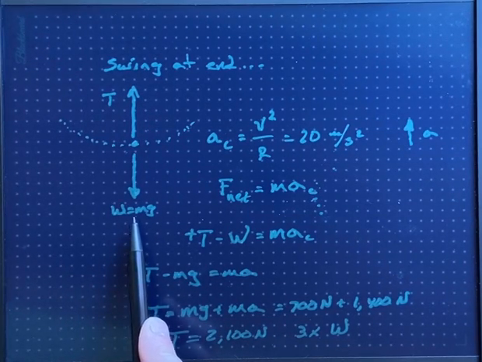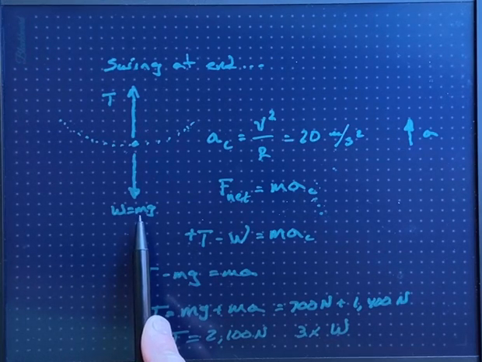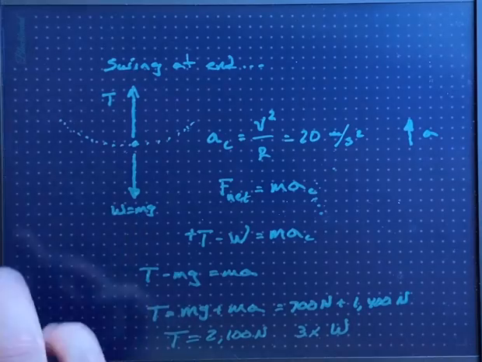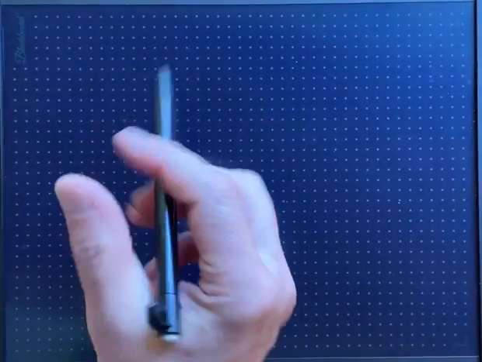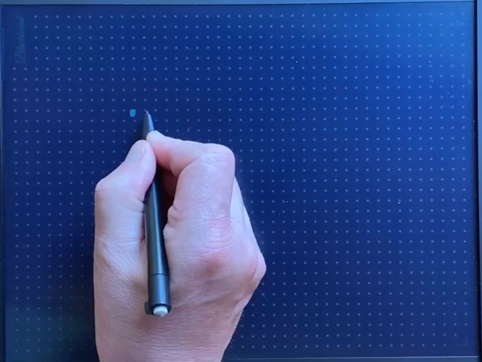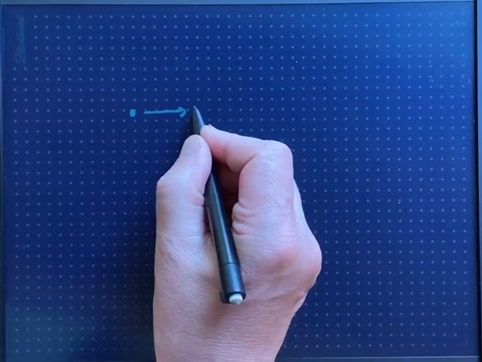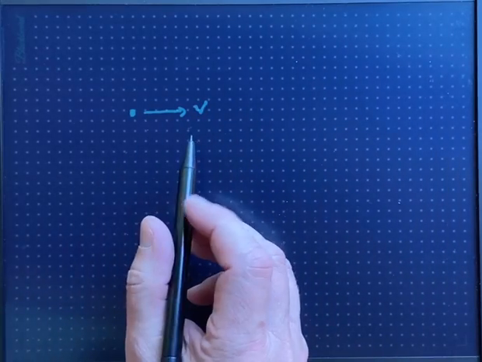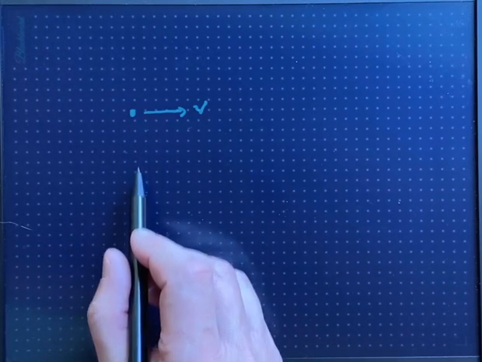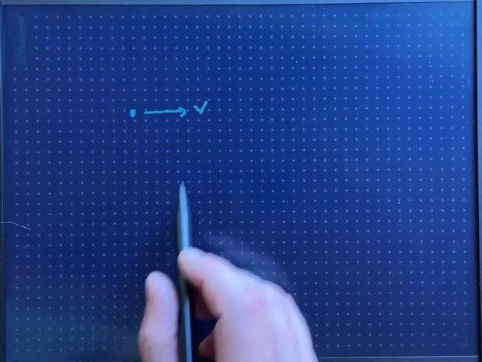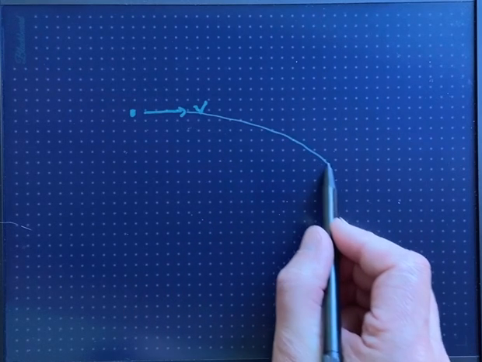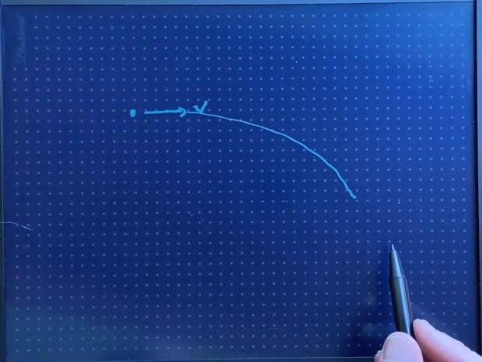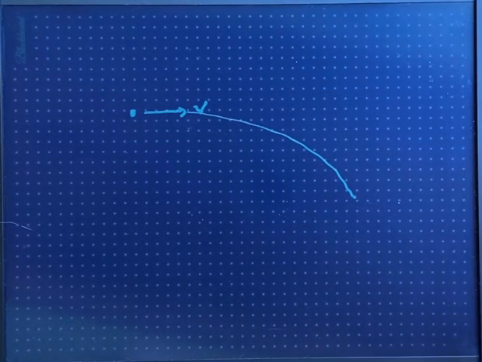And when things move under the influence of the force of gravity alone, then they're in free fall. So what would have happened if the rope broke at the very bottom of the path? You would have had an initial horizontal velocity, but you would have been pulled down steadily by gravity, and you would have followed a projectile type path, which links up with ideas from the previous chapter.